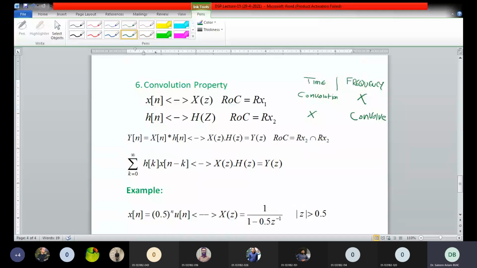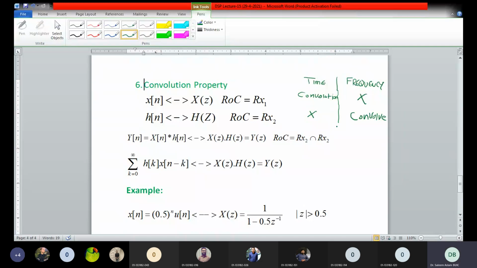So convolution in time domain is multiplication in frequency domain, and multiplication in time domain is equal to convolution in frequency domain. This is the essence of the convolution property.